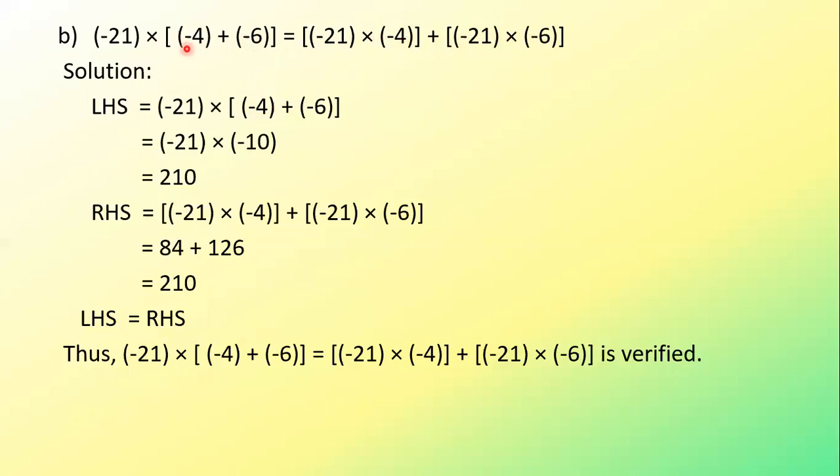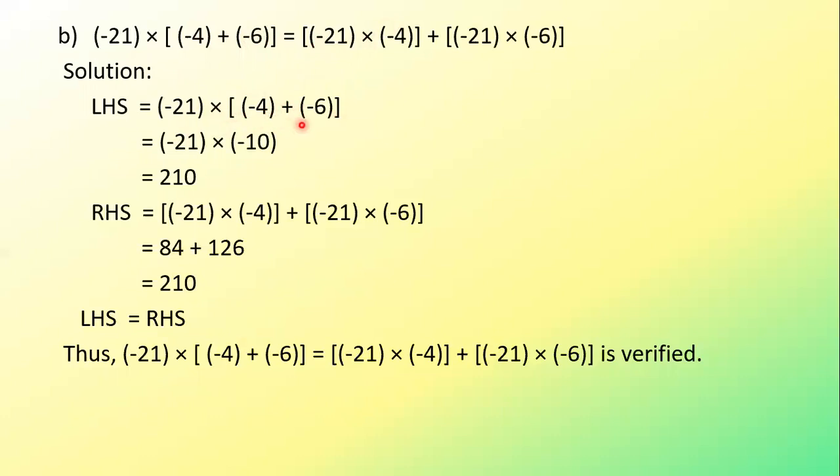Here in RHS, minus 21 is multiplied by each term inside the bracket, that is minus 4 and minus 6.